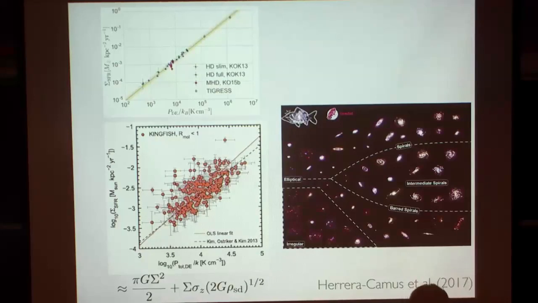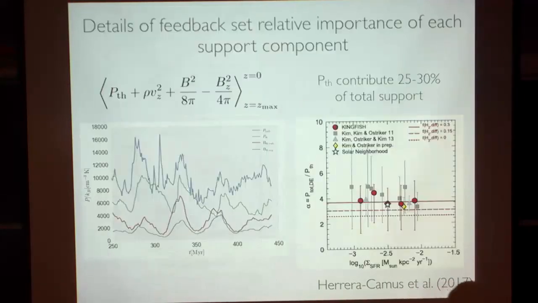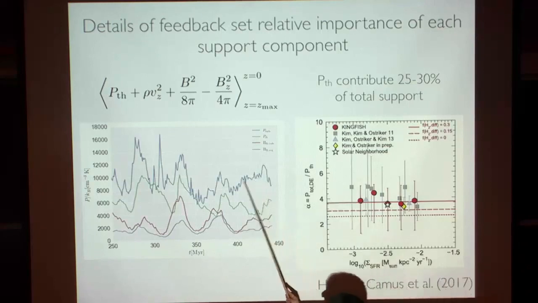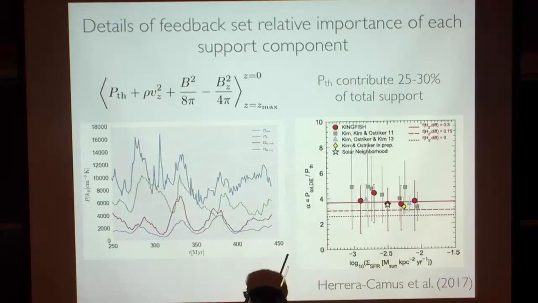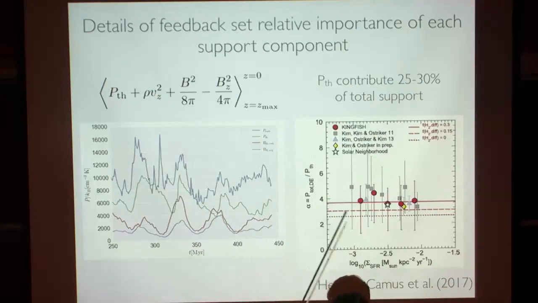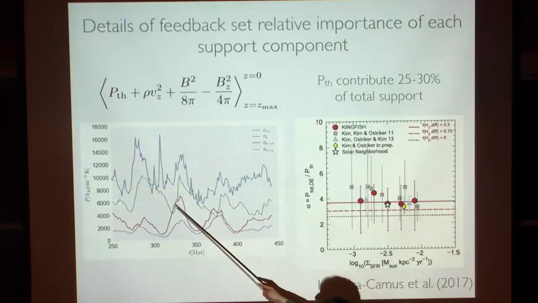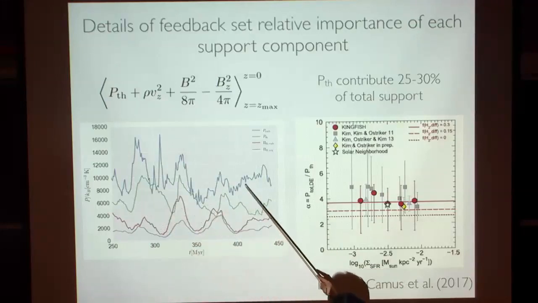The other thing is that this is simply expected from the dynamic equilibrium, but the interesting thing is we can really predict the ratio between those pressure supports. If they really come from the supernova feedback that we modeled, and also from the thermal pressure, the thermal feedback that we modeled, then it will end up reaching this kind of relation.